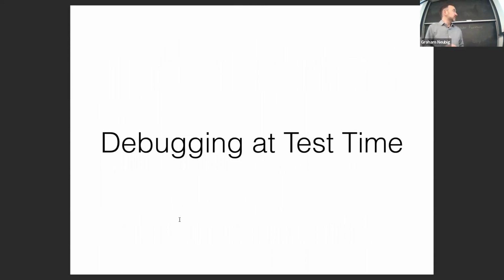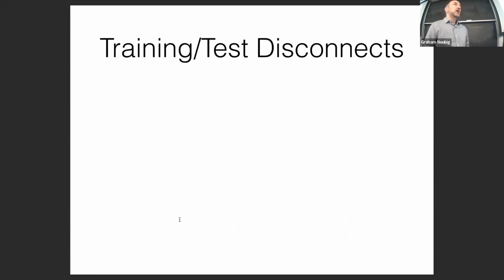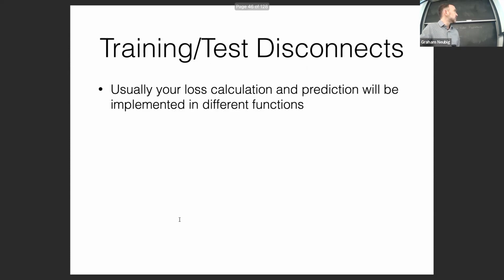Another thing is debugging at test time. And at test time, one of the big issues is if you have a training time test time disconnect. Usually it won't be a huge problem for something like text classification or something like this. It's more of a problem often for things like sequence models or other things like this.